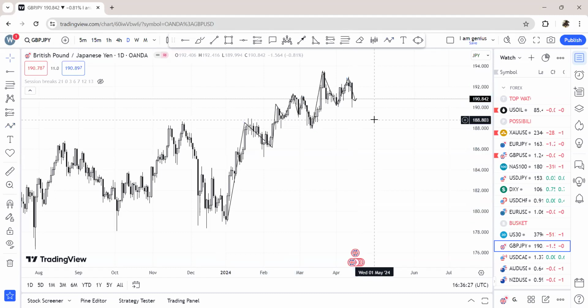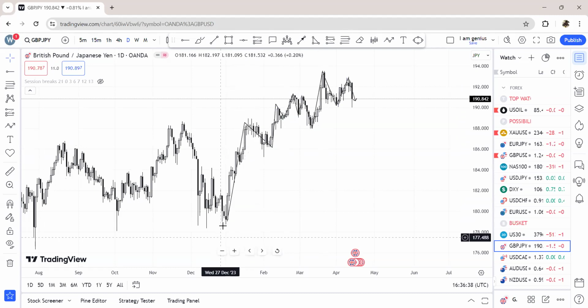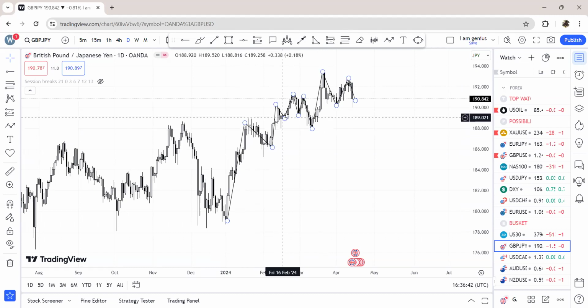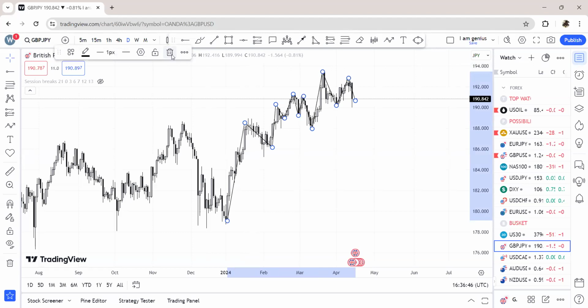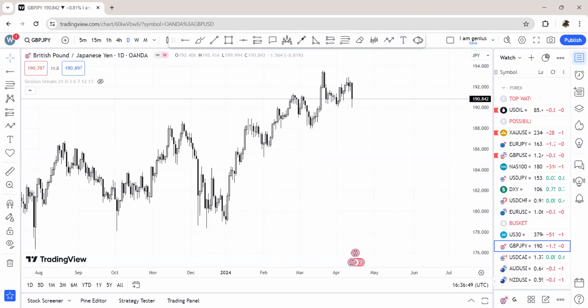Now, here, what you want to focus on, this was helping you understand what trend was happening at the time. You can see that here we had an uptrend because the market was making higher highs and higher lows. It kept doing that until it reached this level here.